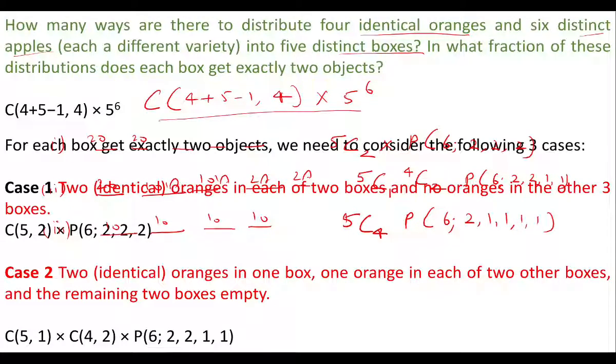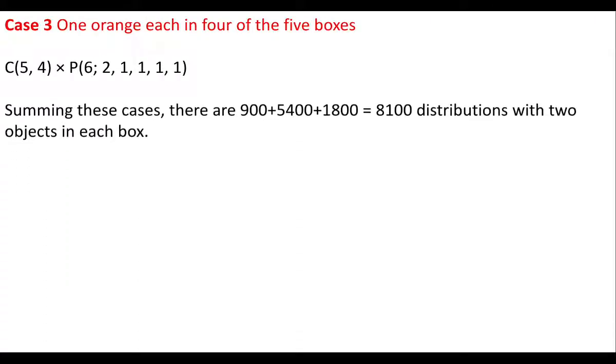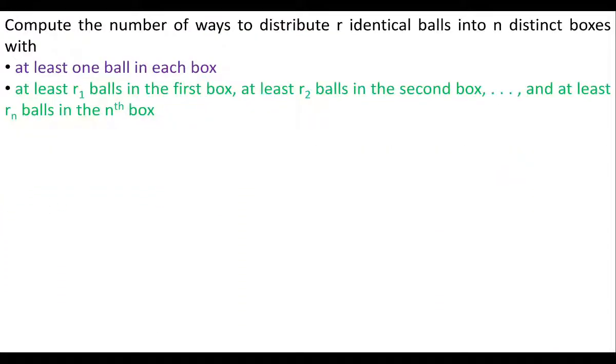So, a very interesting problem where we have used both the things, identical as well as distinct. Compute the number of ways to distribute R identical balls into n distinct boxes, identical balls, distinct boxes, with at least one ball in each box.